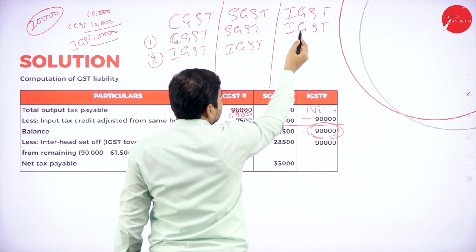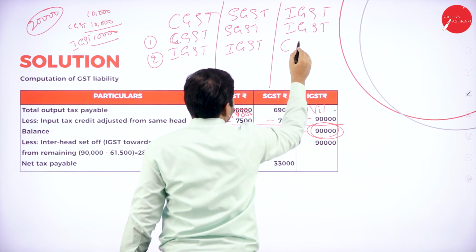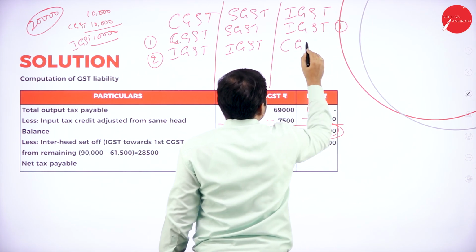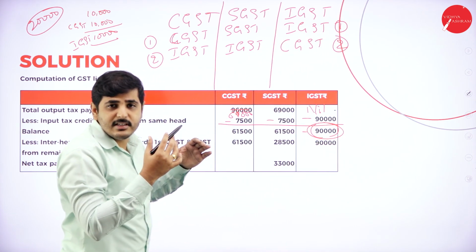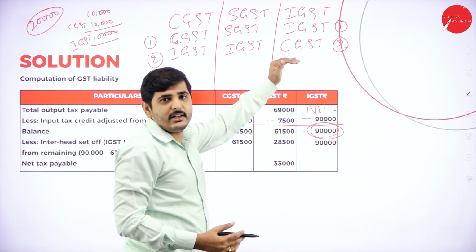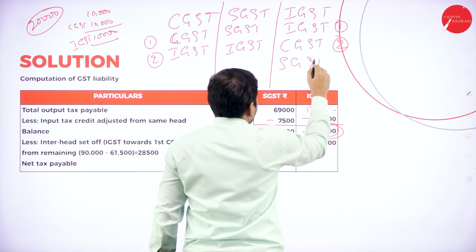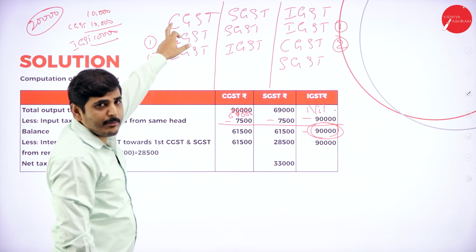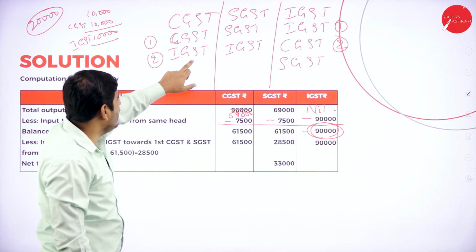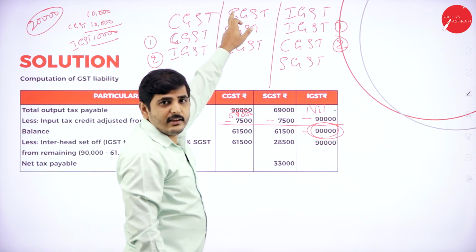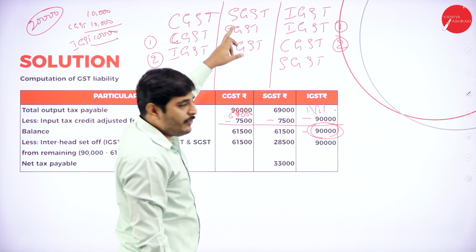So we can utilize excess amount available under IGST for CGST first, this is first one, this is second one. If you still have excess credit available, we can utilize for SGST. Are you understanding? See, first any excess amount under CGST, utilize for CGST, then go for IGST. If you have any tax credit under SGST, first utilize for SGST, then go for IGST.